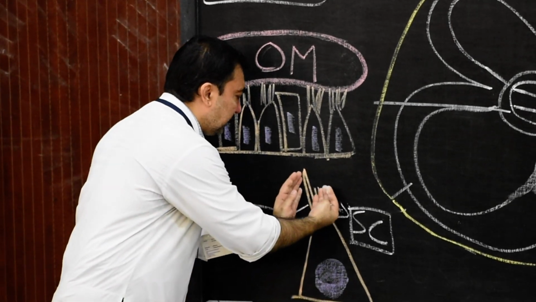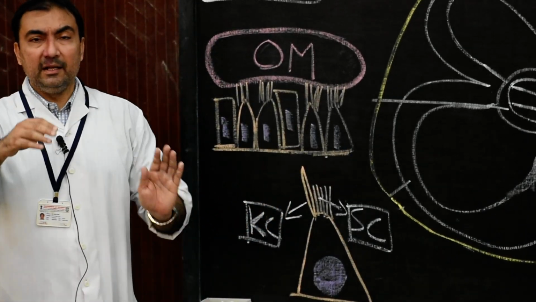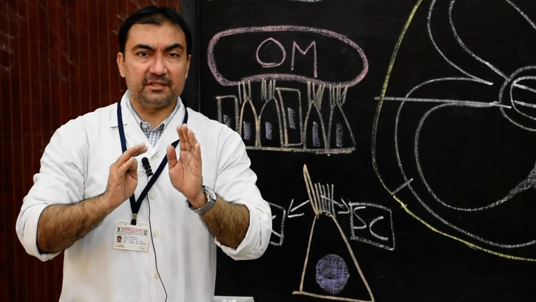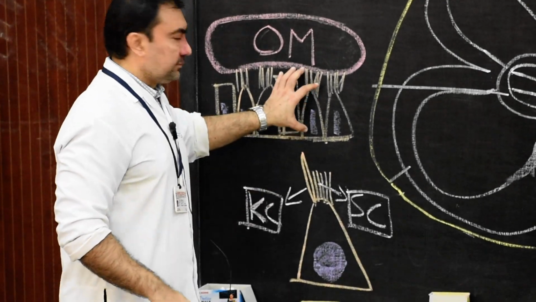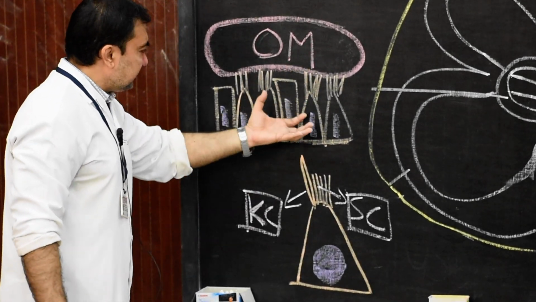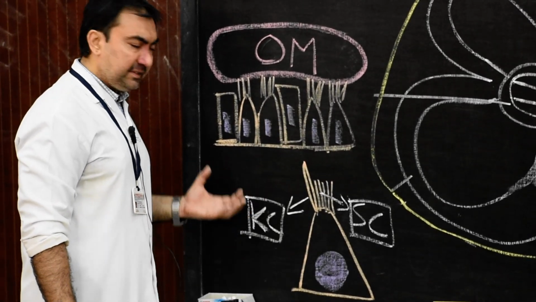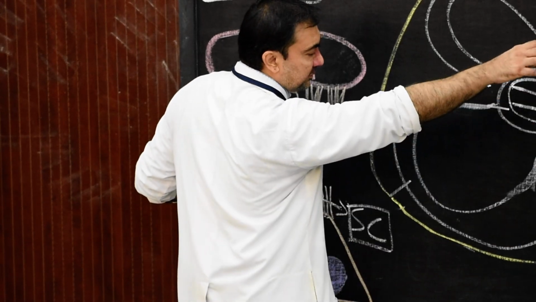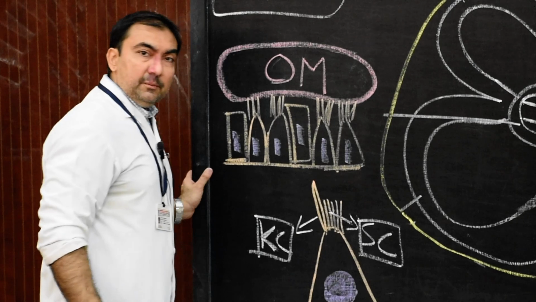Movements of stereocilia towards the kinocilium and away from the kinocilium will regulate depolarization and hyperpolarization. That means it will stimulate the receptors here. The information from the receptors is collected by which structure? In the spiral organ of Corti we had collected it through the cochlear filaments.